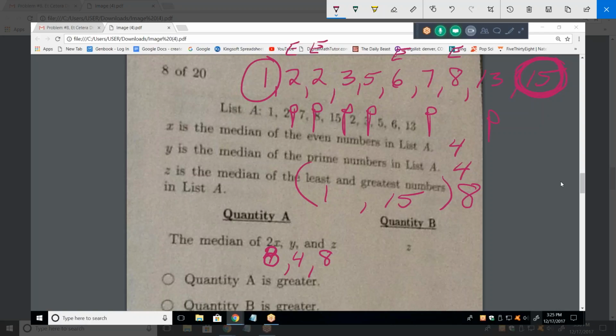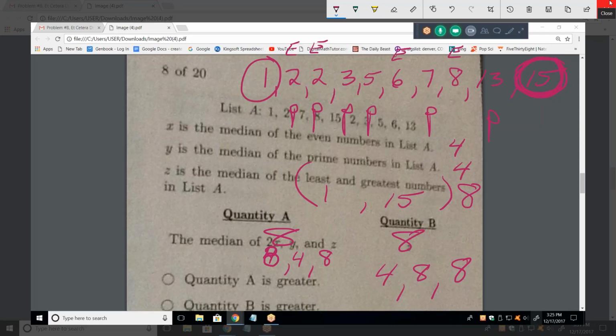So you've got to order these. Let's put them in order: 4, 8, 8. What's the median of 4, 8, 8? It's 8. So z is 8. They are equal. Wow, that was confusing. That was definitely different.